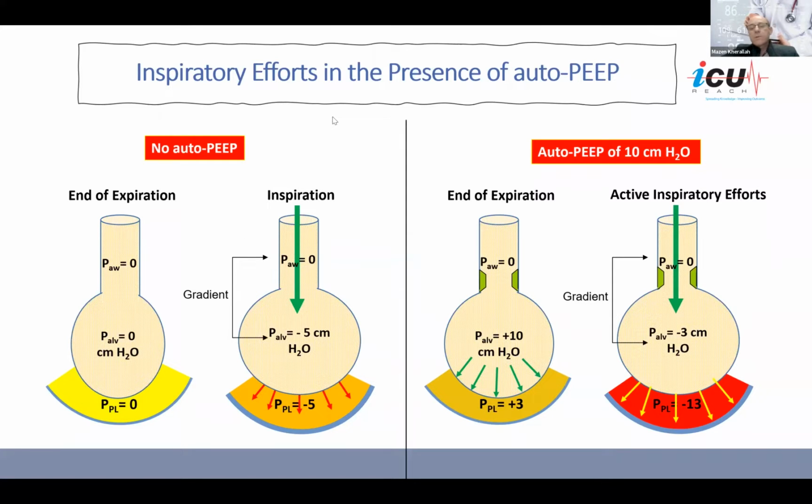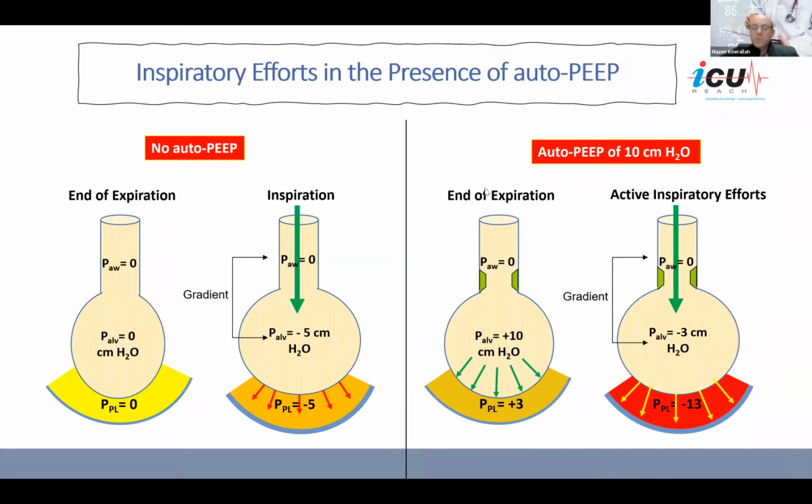Now, does it make sense to switch to flow triggering in case of auto-PEEP? It does not. You need to generate the flow. And in order to generate the flow, you need to drop the pressure below the auto-PEEP. So no matter what you do, the flow, once it is generated, means you overcome the auto-PEEP.